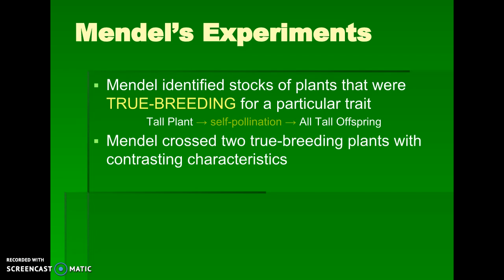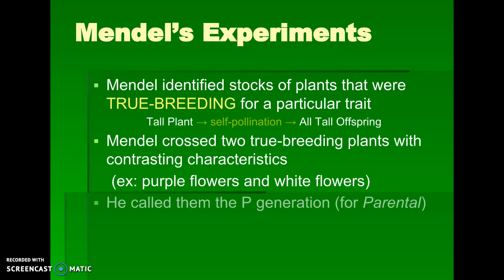So he wanted to take 2 plants that he knew would always, through self-pollination, produce the same trait, and cross-pollinate them. For example, he took purple flowers and white flowers because he wanted to see what would happen. He called them the P generation, for parental.